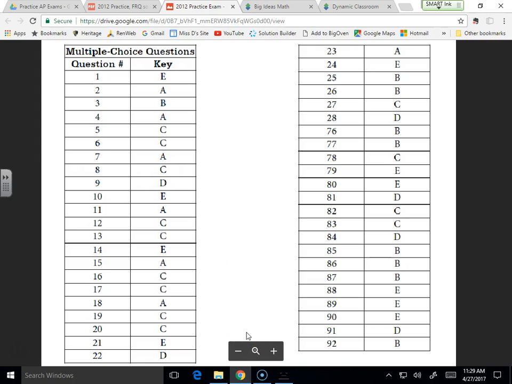Oh, I see. I was doing negative D. 22 is wrong. What's 22? 23 is A. I got 26, right? 24 is.